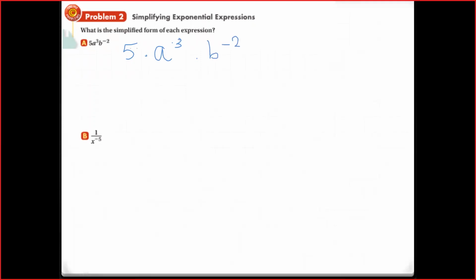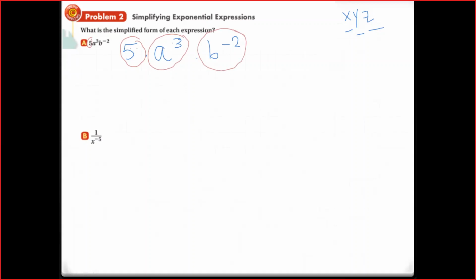Is it right? Yes, because also you know that if you write x y z, it will be x multiplied by y multiplied by z. And here we have the same. It is 5 multiplied by a cubed multiplied by b to the power -2.